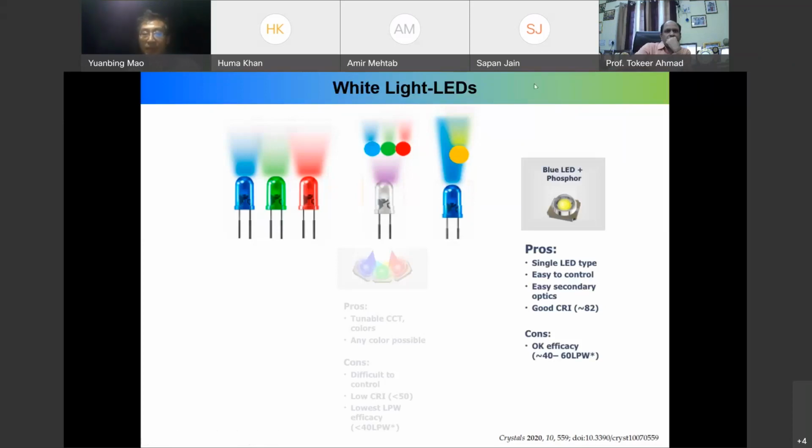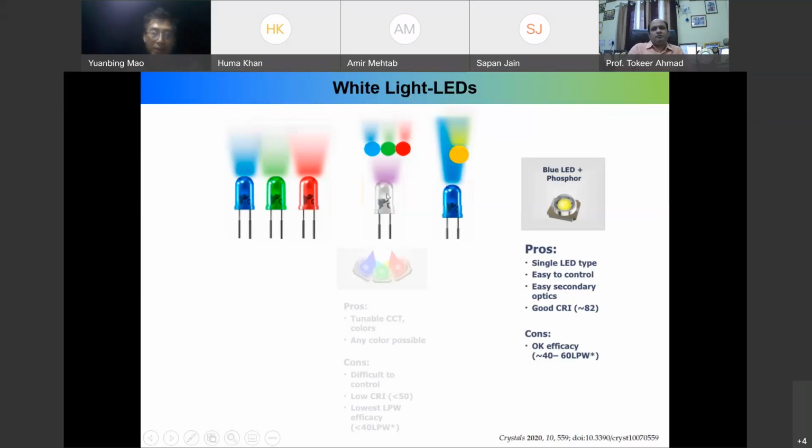This one, on the right side, is a single LED type, easy to control, easy secondary optics, and good CRI. We'll talk about CRI in a little bit. But the problem with this is the efficacy is not that good.